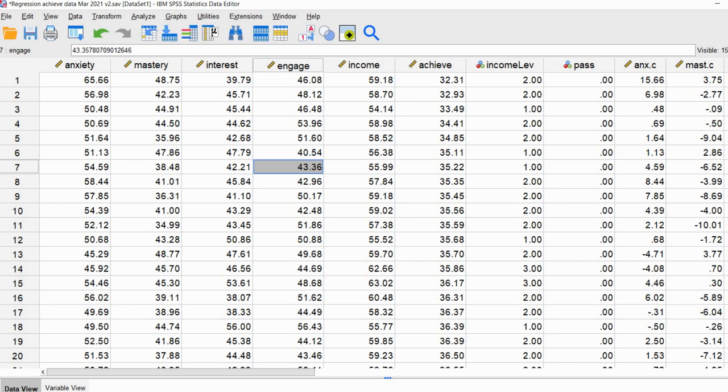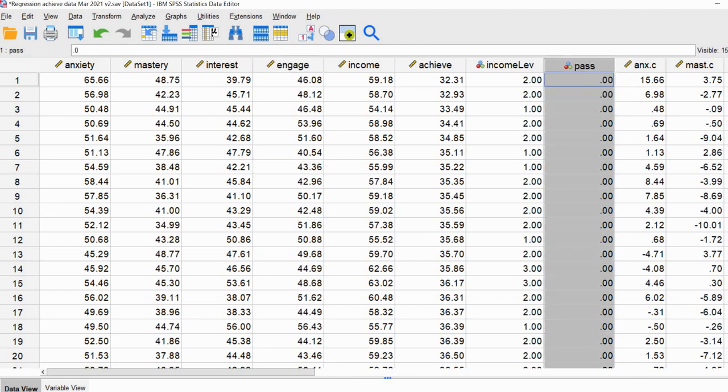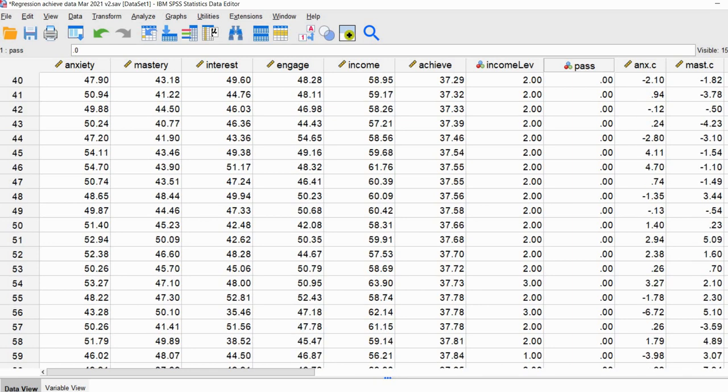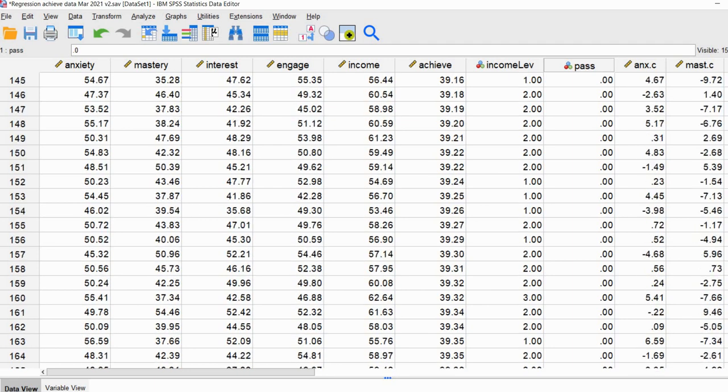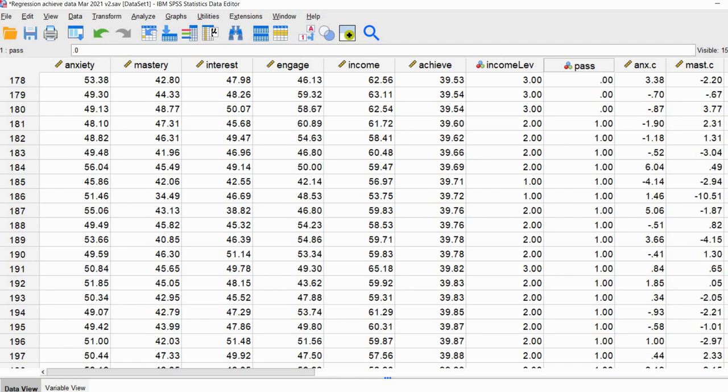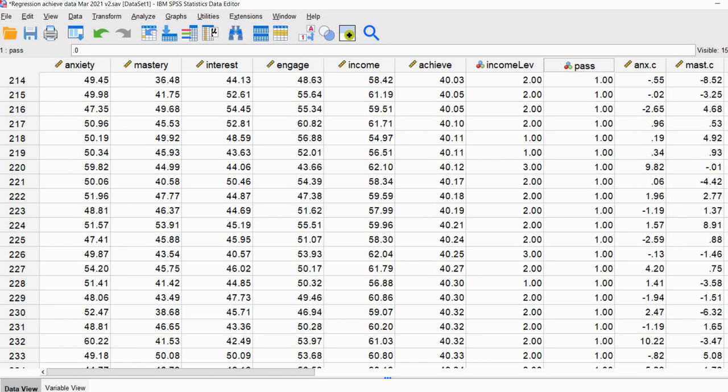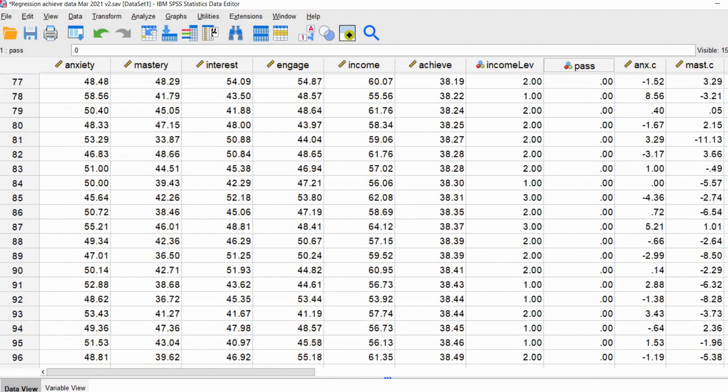Our dependent variable in our regression model is this pass variable right here. It's a binary variable, coded 0 for did not pass a test and 1 for did pass the test. As we scroll down, all of these students did not pass the test, and then you see the ones starting up, and these are all students who did pass the test.